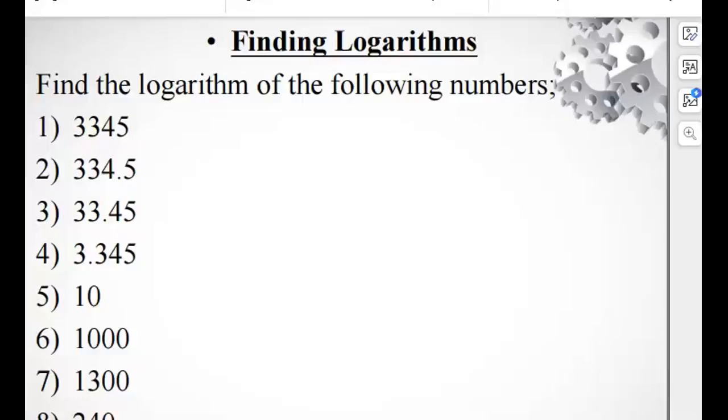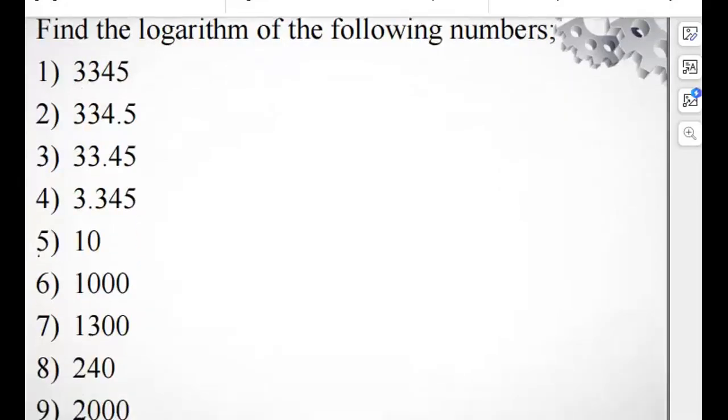Okay, let's look at the next slide. We're finding the logarithms of these numbers, 1 to 9. So now let's start with the first one. We are asked to find the logarithm of 3345. So how do we find this?